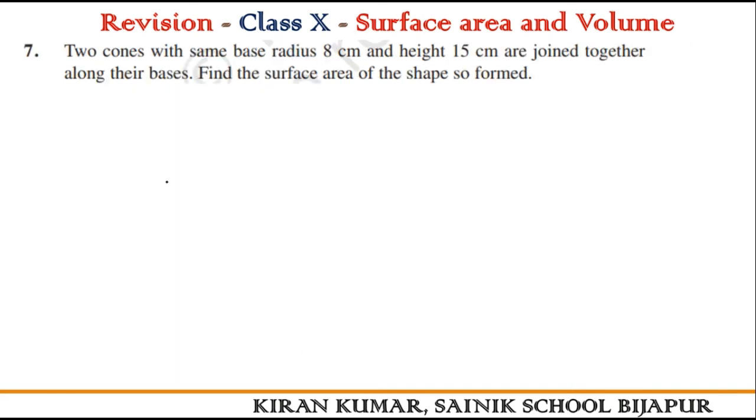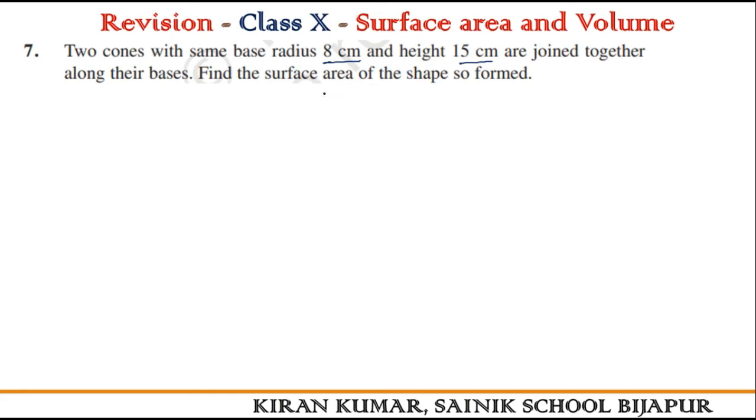Question 7. Two cones with same base radius 8 centimeter and height 15 centimeter are joined together along with their bases. Find the surface area of the shape so formed. Here the two cones are having the same base radius and they are having the same height.